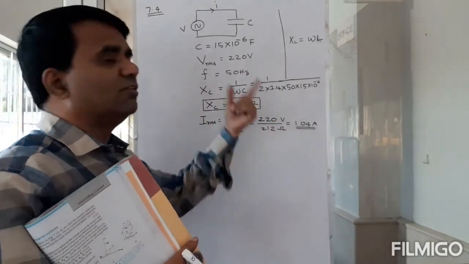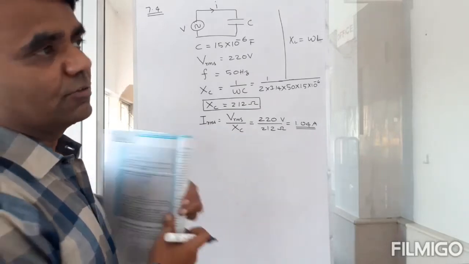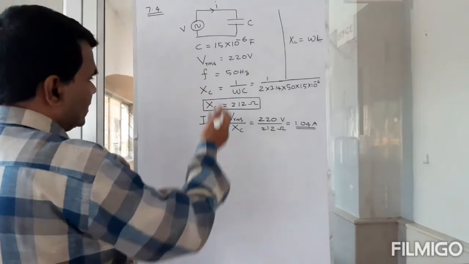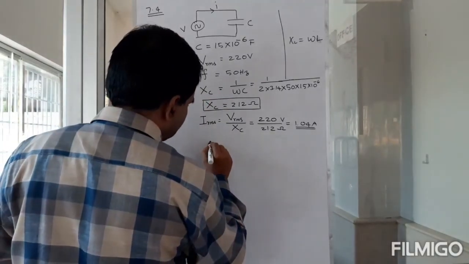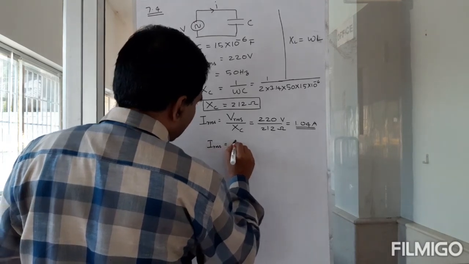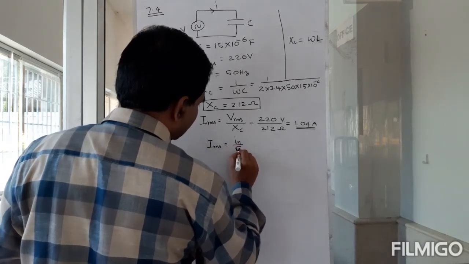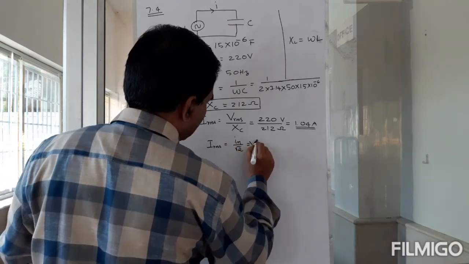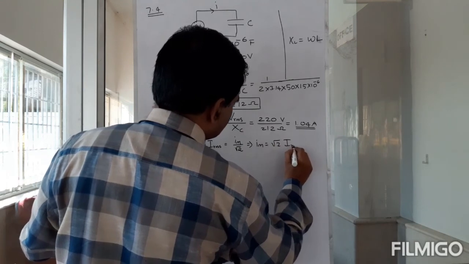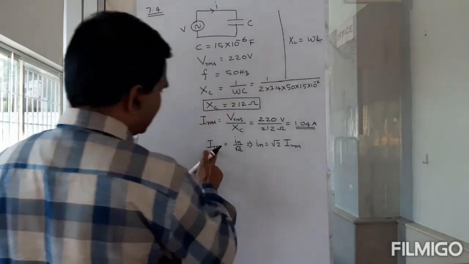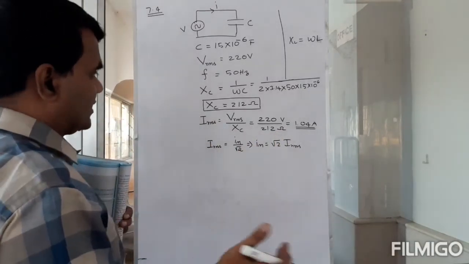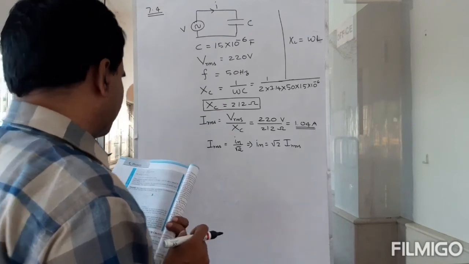That is the RMS value of the current flowing in the circuit. Now what is the maximum value of that current? You know I RMS is equal to IM by root 2. So IM is equal to root 2 into I RMS. You can write RMS or just write capital I; that is also the same.